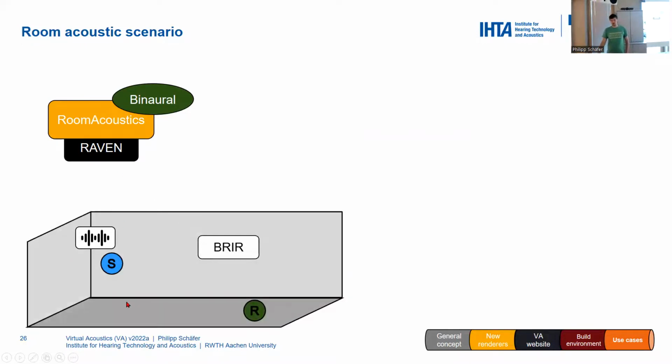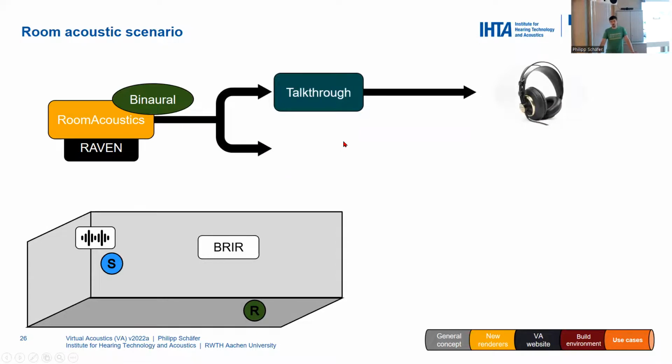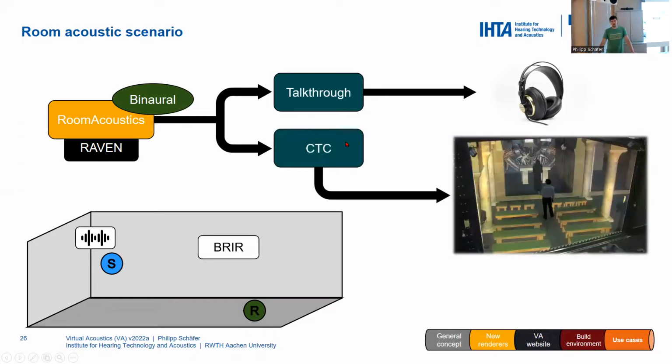So we consider an actual room geometry and absorption and scattering coefficients for the walls, and so a binaural room impulse response is generated, and the input signal is convolved with this BRIR, and we can use this, for example, with the talk-through or CTC, for example, to use it in our cave system, or the cave system next door.